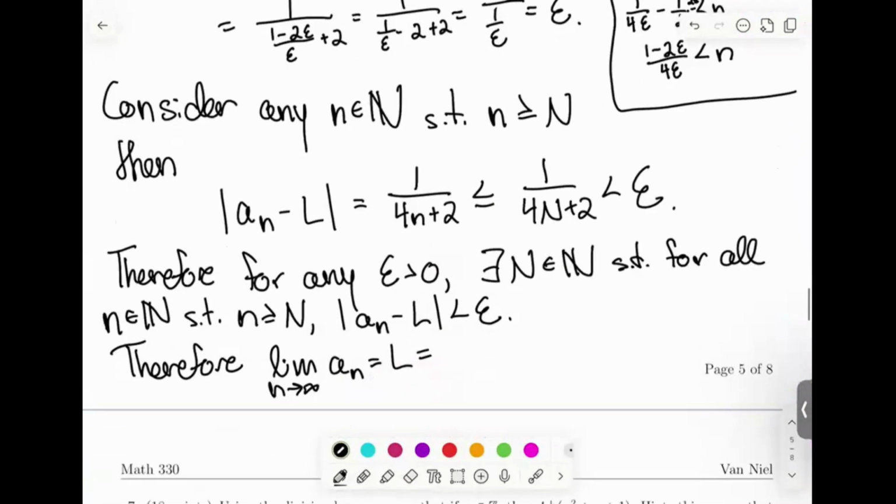Yeah. So don't forget to write in the definition of a convergent sequence. Okay.